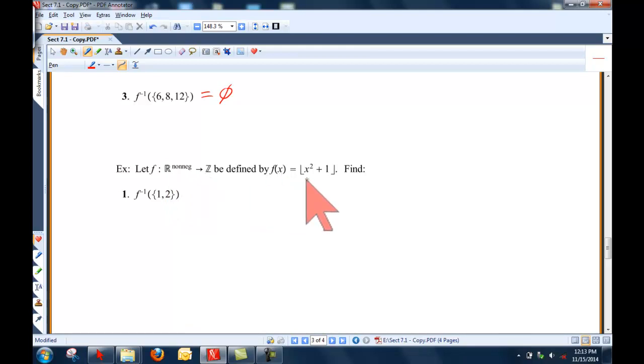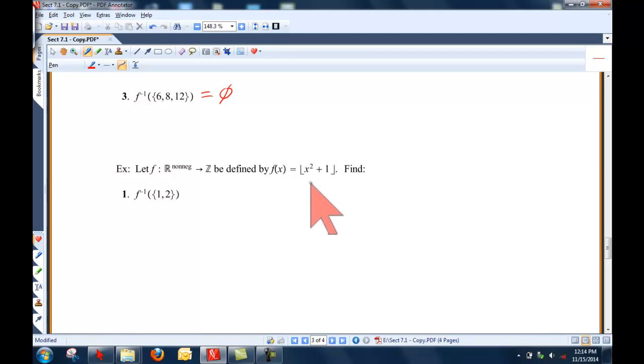F of x equals, first we'll take x, square it, add 1, and then take the floor as we talked about before. So because x squared plus 1 is a function, and we know the floor function is indeed a function, we showed that before, when I put these two things together, it's still a well-defined function. This is a function.